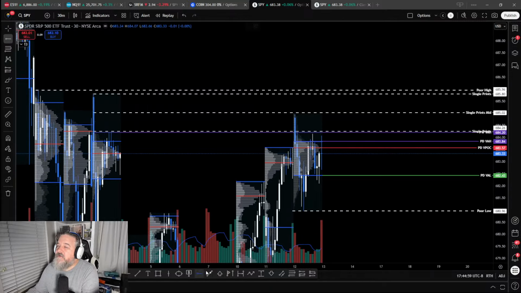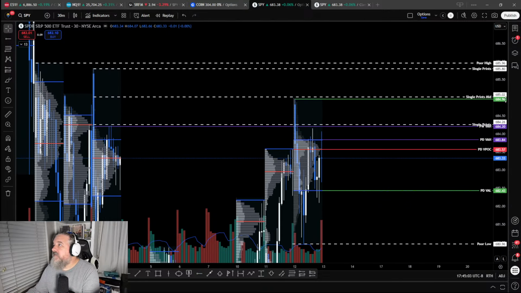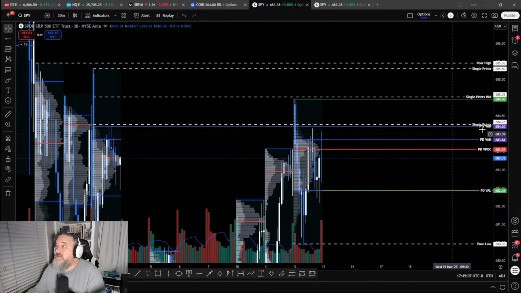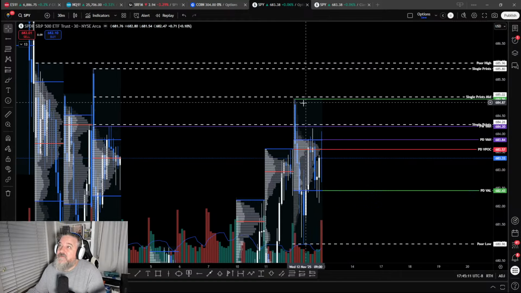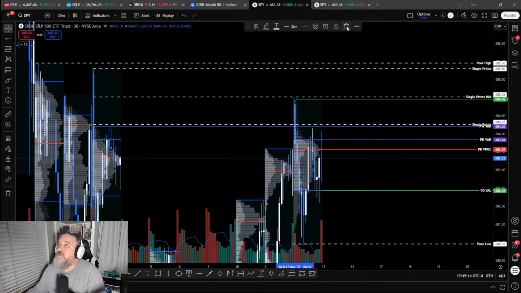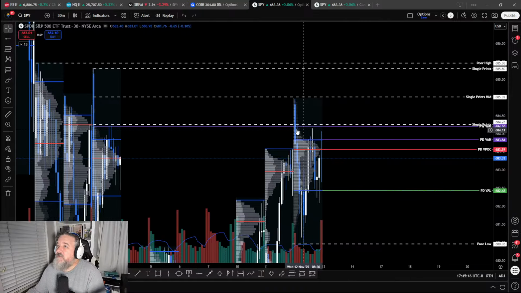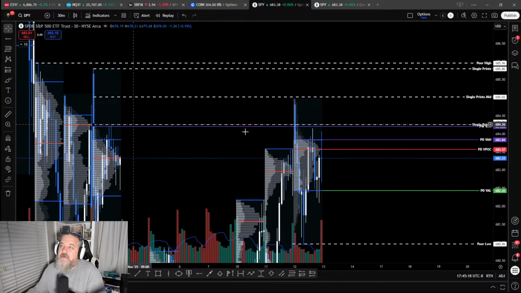My stomach is hurting all of a sudden. We're going to have single prints from here, 684.96 down to 684.26. You guys can chart that if you want those specific levels. I mean, we already have the 26. It's the same as back here.